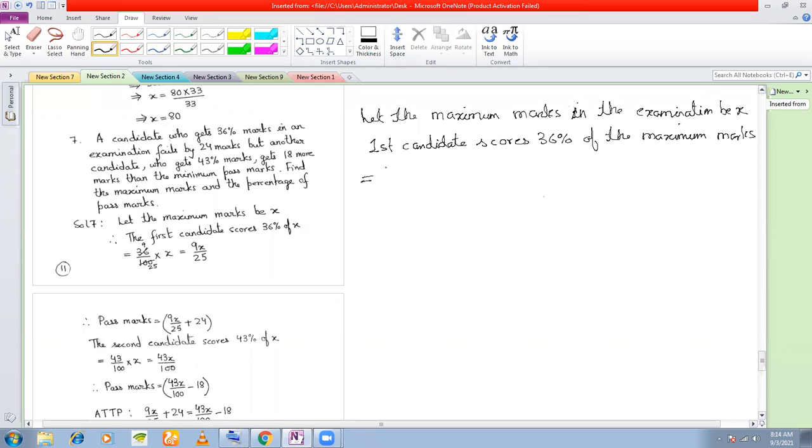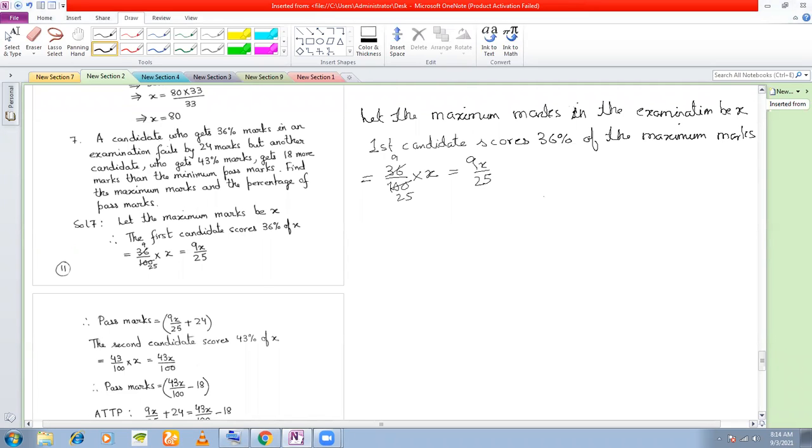Which is equal to, so he scores 36% of X, right? That means you can cancel here. You get 9x by 25.